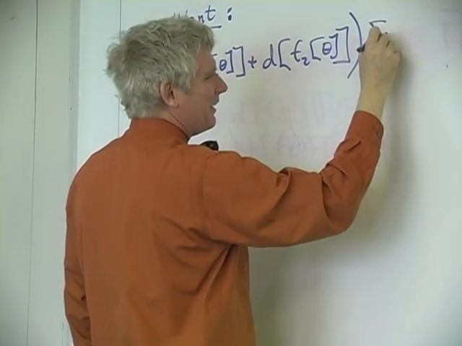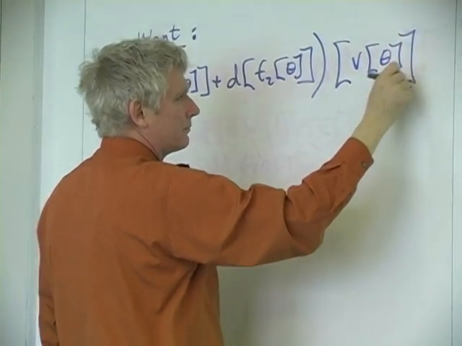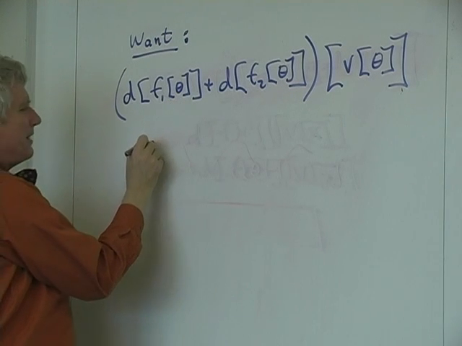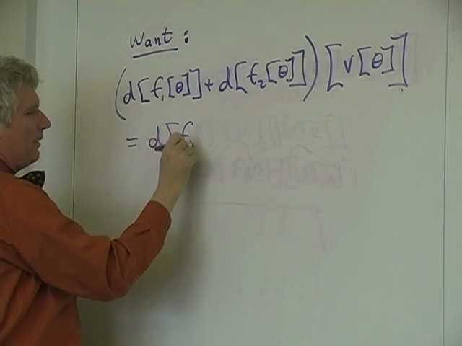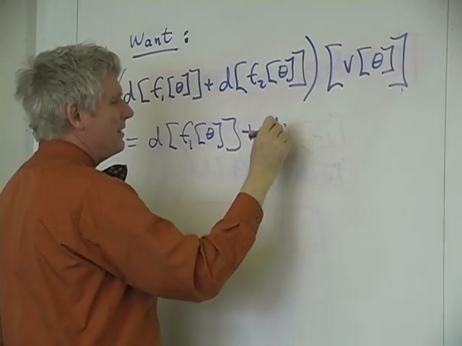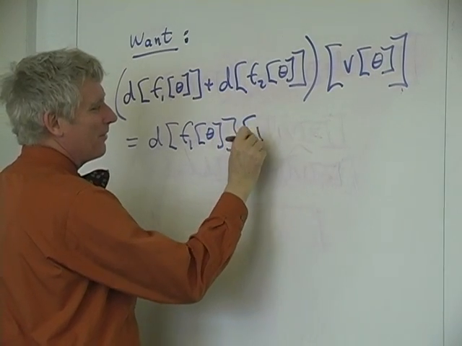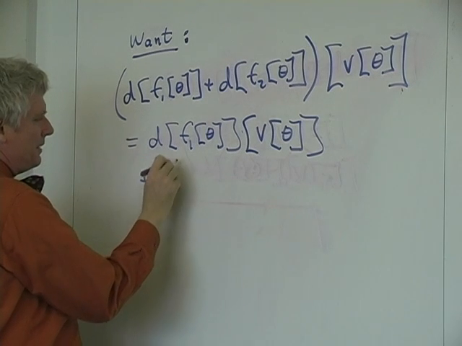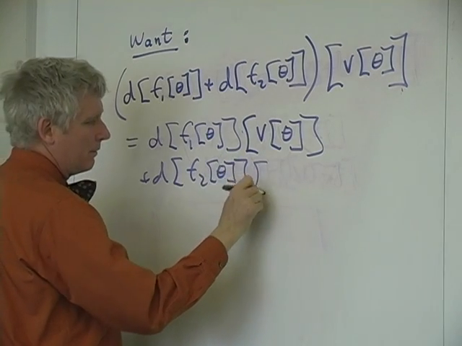And so if I act on a vector v of theta, then I want a rule that tells me that this is d f1 of theta, v of theta, plus d f2 of theta, v of theta. It's very tedious to write all this out.